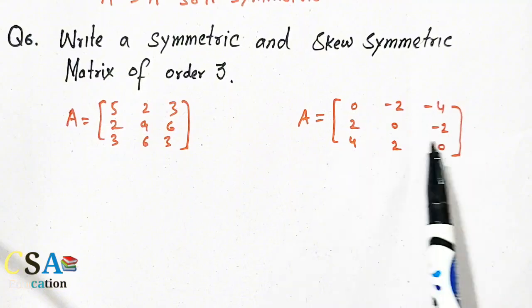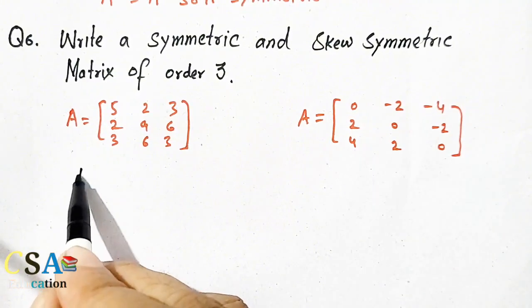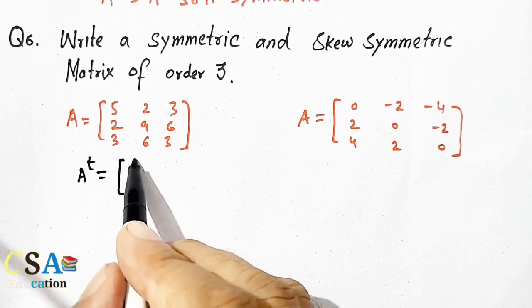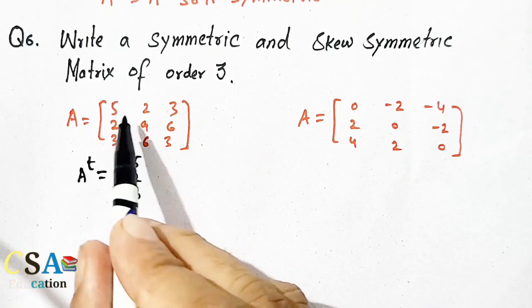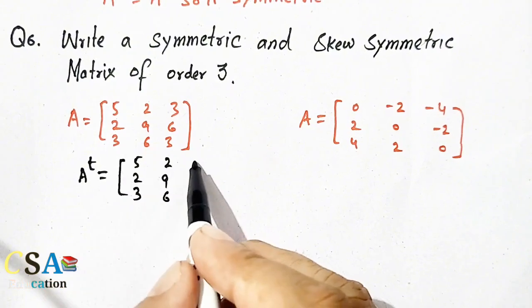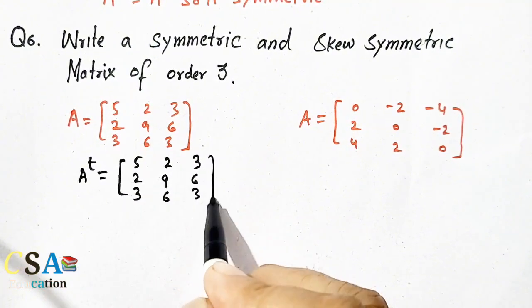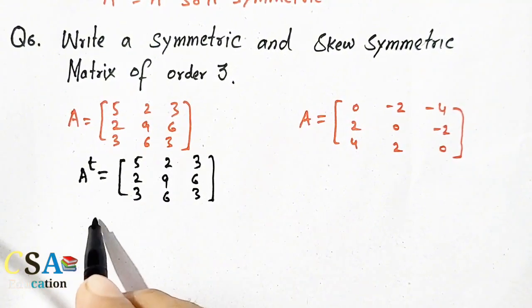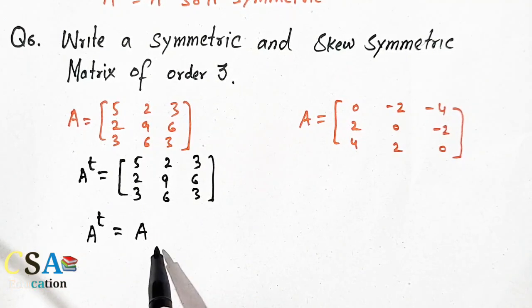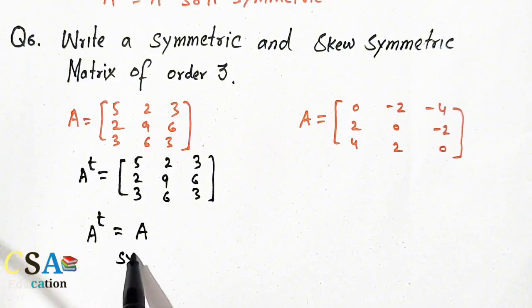If we take its transpose, it will be 5, 2, 3, 2, 9, 6, 3, 6, 3. So after taking the transpose of A, it is the same as A. So A transpose is equal to A. This is the condition for a symmetric matrix.